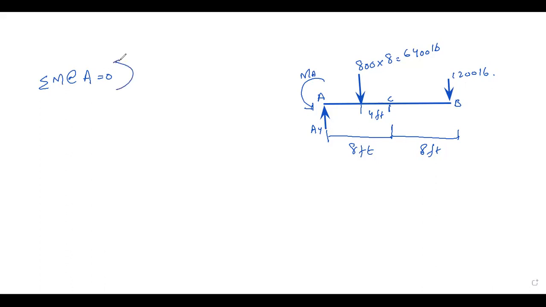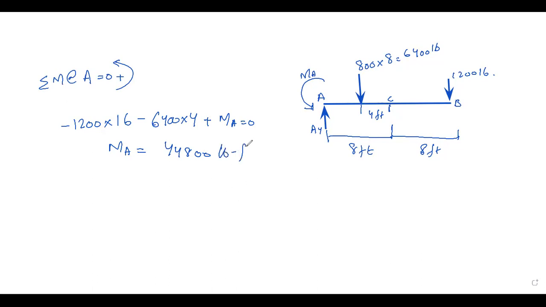So taking anti-clockwise as positive: minus 1200 into 16, minus 6400 into 4, plus MA. We assume an anti-clockwise moment at A. So MA, after calculating, will be 44800 pound feet.